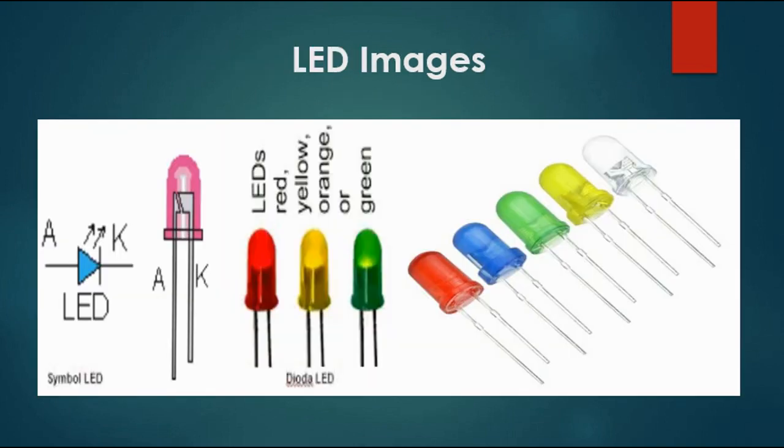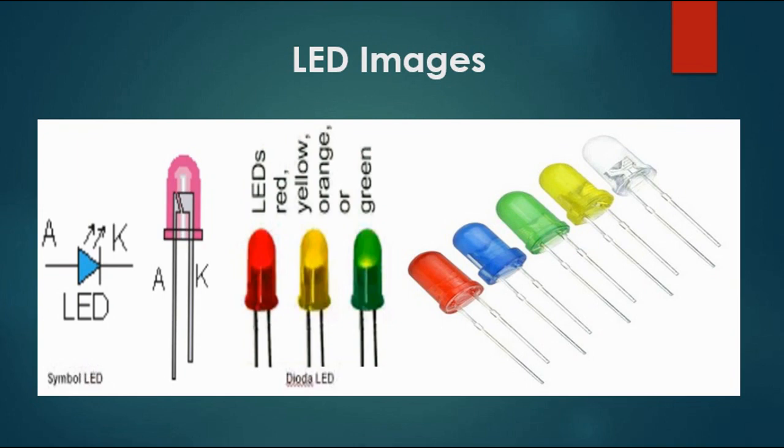So look, these are examples of LED images, the end product aspect of LED, maybe if you have not seen it before. We also have surface mounted LED. This one is not surface mounted.